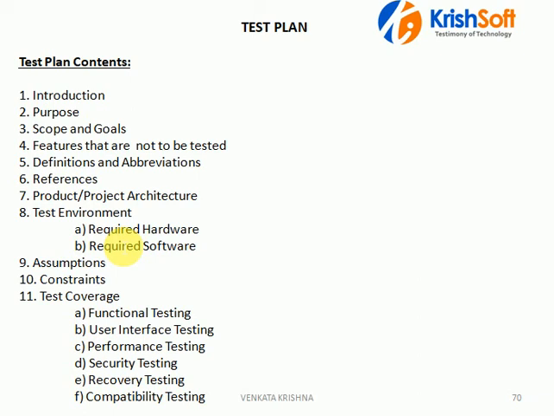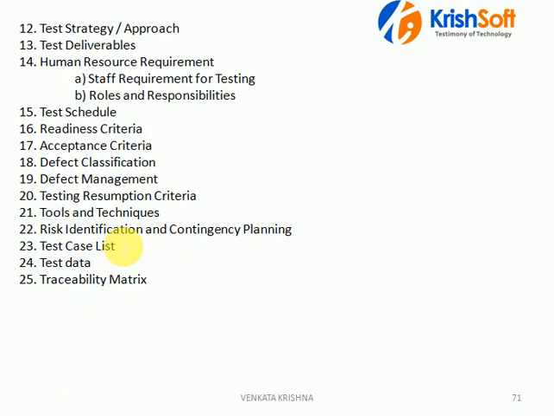Assumptions: what we are assuming on our application, and constraints are conditions. Test coverage: the various testing types we are going to perform on this application. Test strategy: the various levels of testing we are going to perform. Test deliverables: what we are going to deliver to the client periodically. Human resource requirement: staff requirements for testing and their roles and responsibilities, or what trainings are required for them.